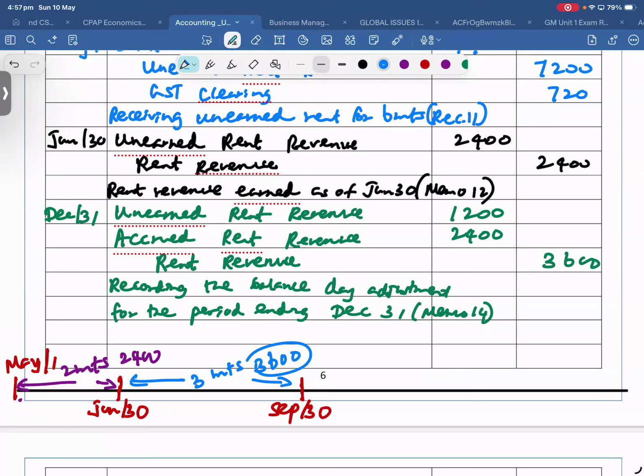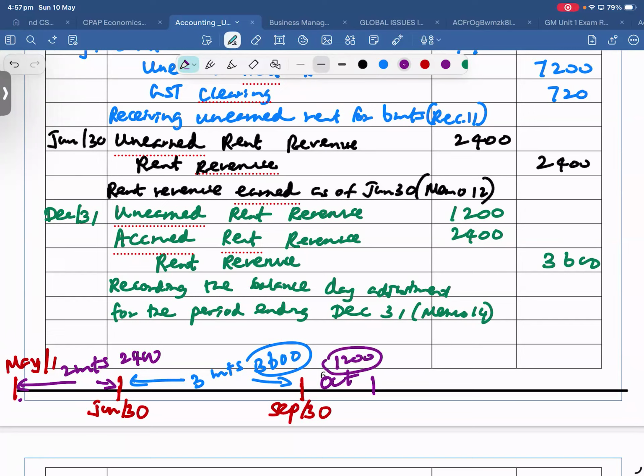So up until September 30th, how many months have lapsed from the payment? 5. So 2 months to June 30th, and then 3 months to September 30th. So there's another 1 month that they have paid in advance. That one will be used in October, so 1,200.